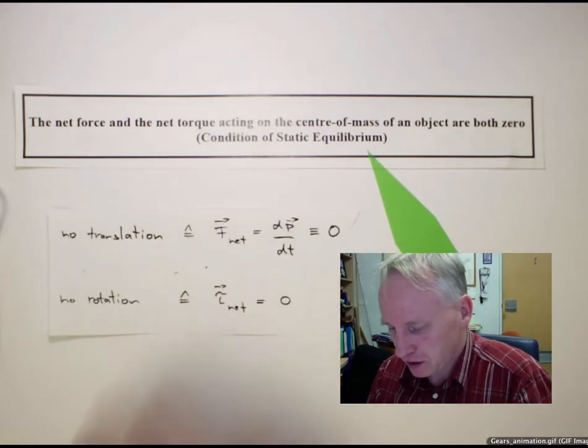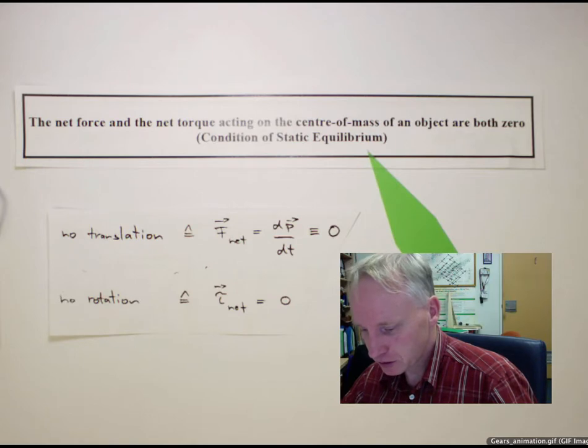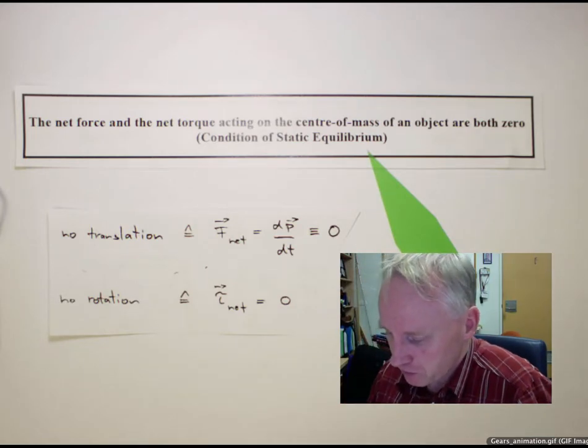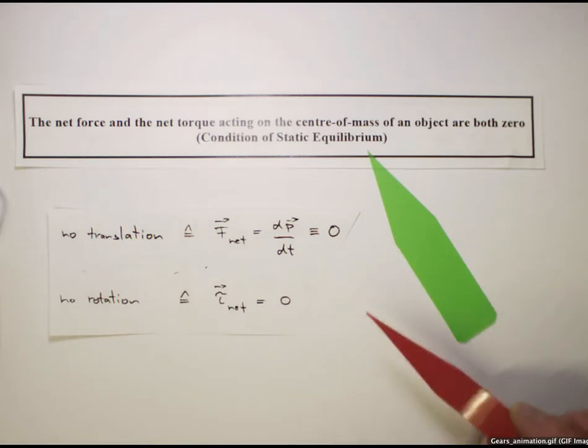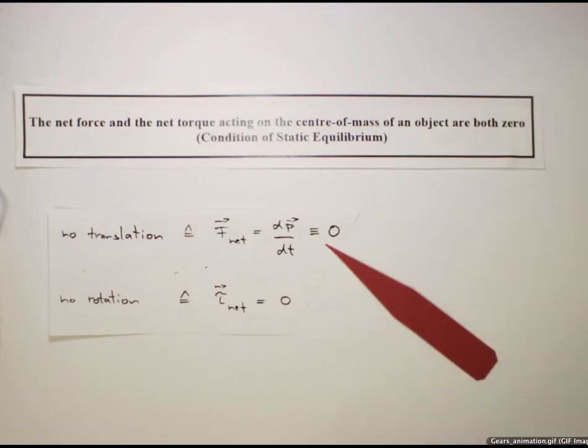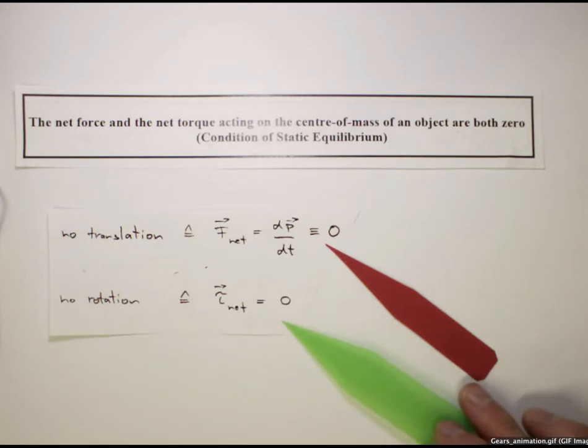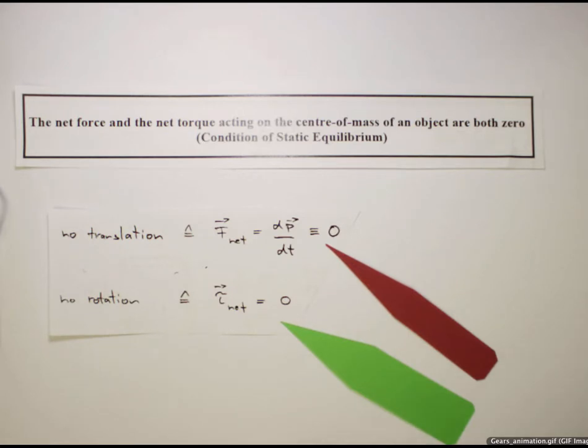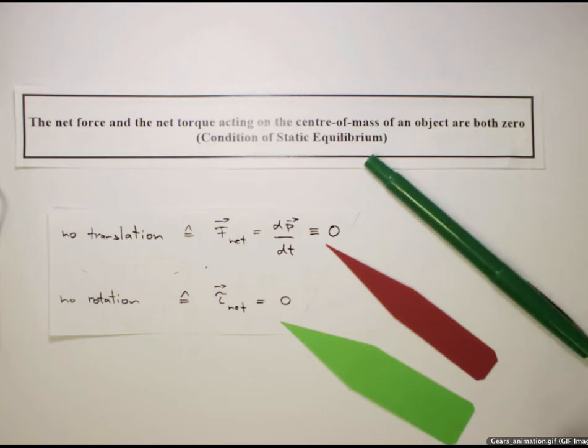An object does not undergo translation, therefore the net force on that object has to be equal to zero, and it can also not undergo rotation, so that we can say all the torques have to be equal to zero. The net torque, the vector sum of all torques, has to be equal to zero. When both of these conditions are fulfilled, then we talk about static equilibrium.